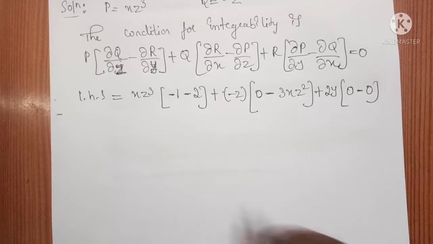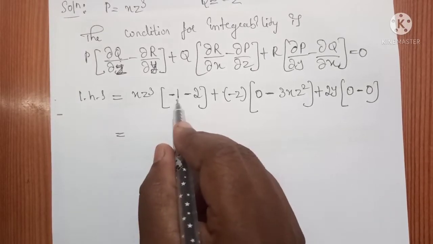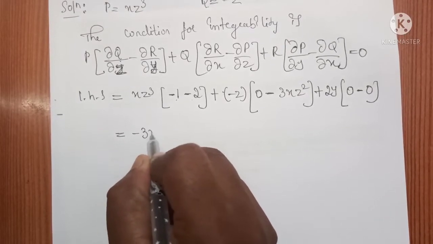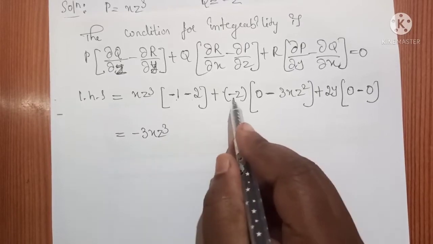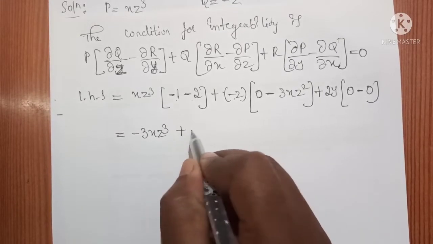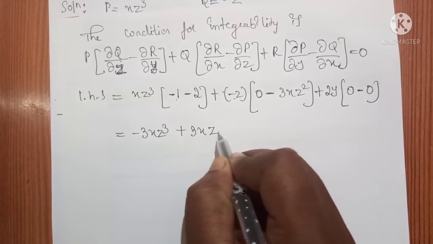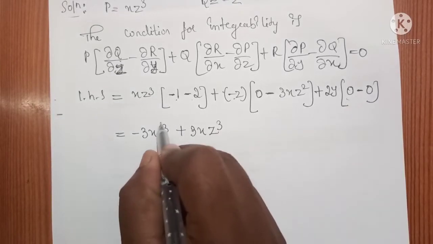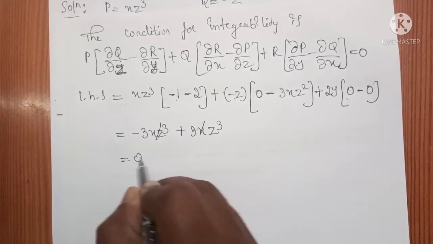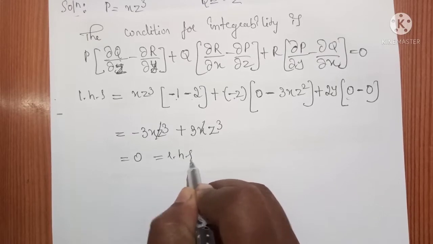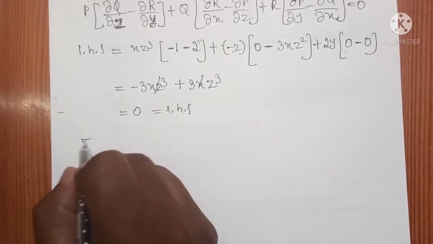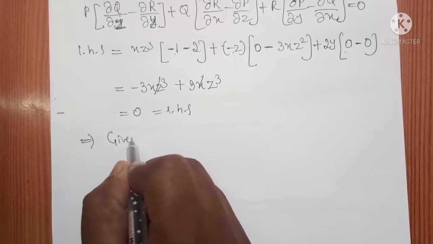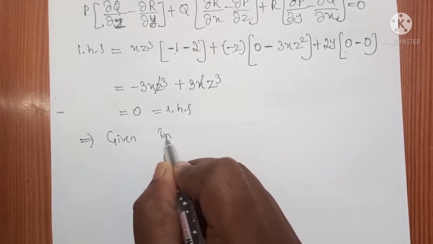Simplifying, we get minus 3xz cube, minus into minus plus 3xz cube, and the rest is 0, so these two cancel and we get 0. This is the RHS, hence the given TDE is integrable.